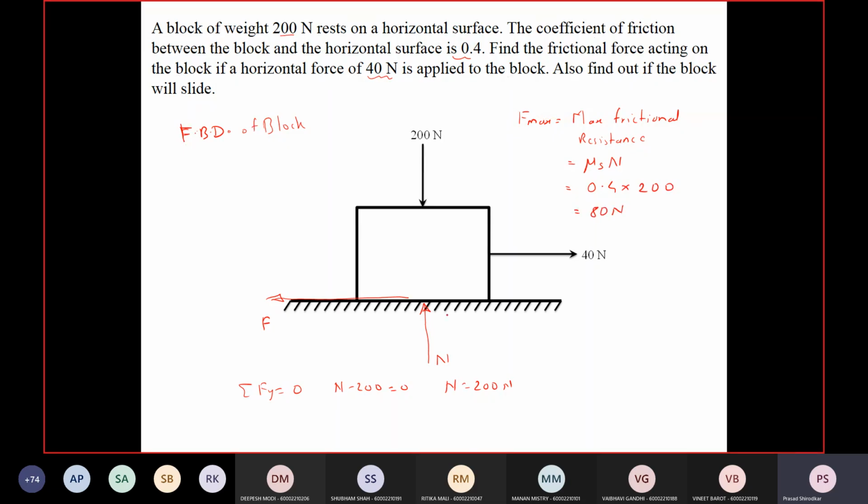So the surface is offering a maximum frictional resistance of 80 Newtons, and this applied force is less than the F max value, that is the maximum frictional resistance. So what will be the frictional force in this case?